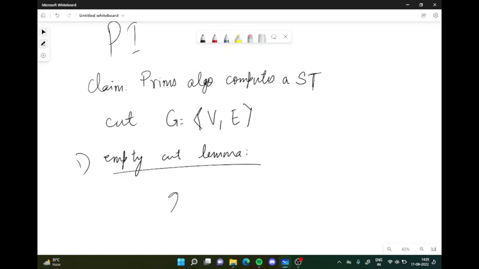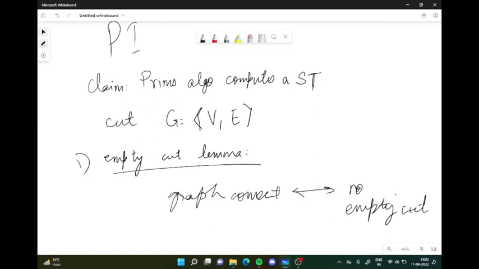So graph connected, no empty cut, basically. And it's very intuitive, because if the graph is connected, then whatever cut I choose, there will always be a path from the left hand side to the right hand side.